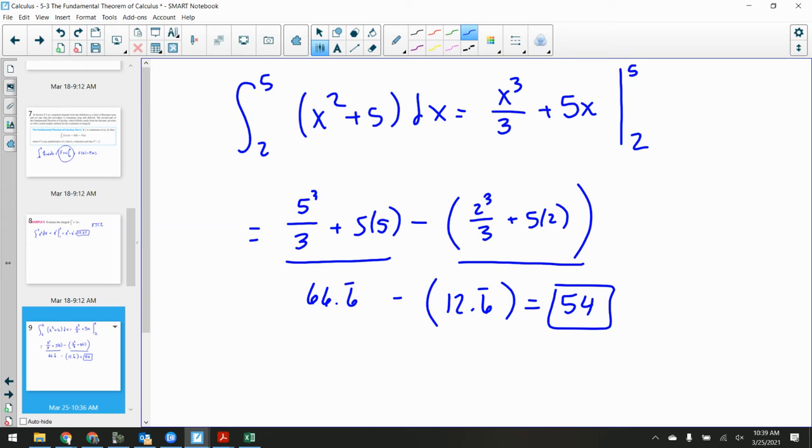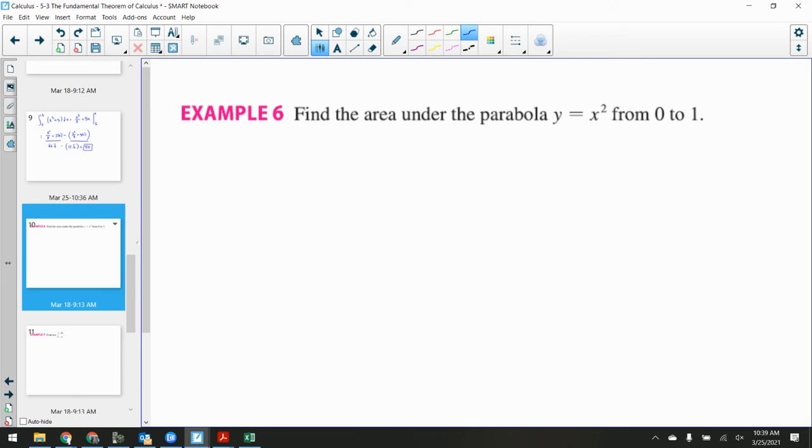So I would need to find the limit as n approaches infinity of each of those little strips. Or I would have to do the right side or left side approximation with rectangles. This is kind of taking care of all that work for us. I hope we understand how much work this is saving. Pretty nice.